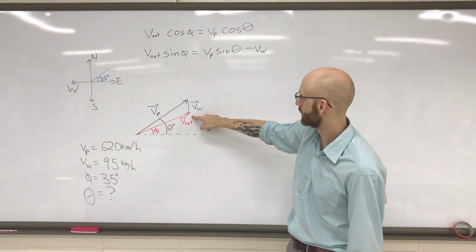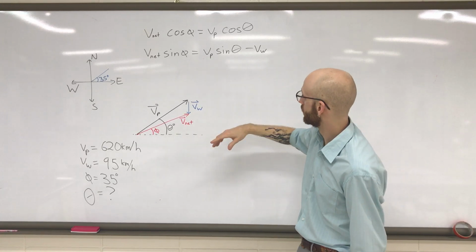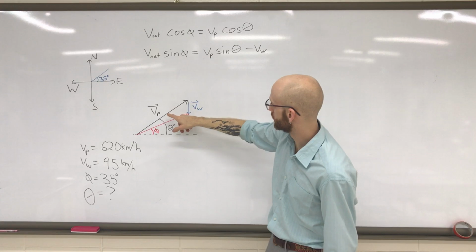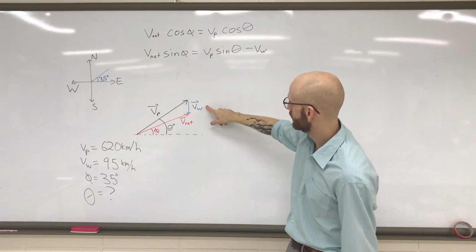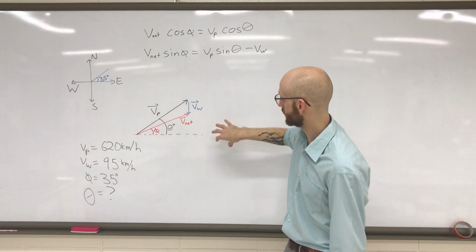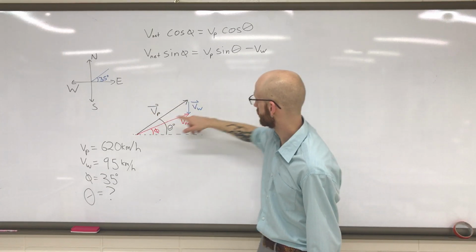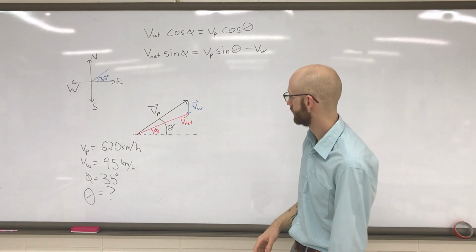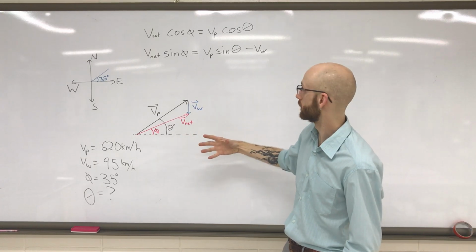So the way I thought about how to put this together was, the sum of the plane and the wind's x components should equal the net velocity x component, and the sum of the plane and the wind velocity y components should equal the net velocity y component.